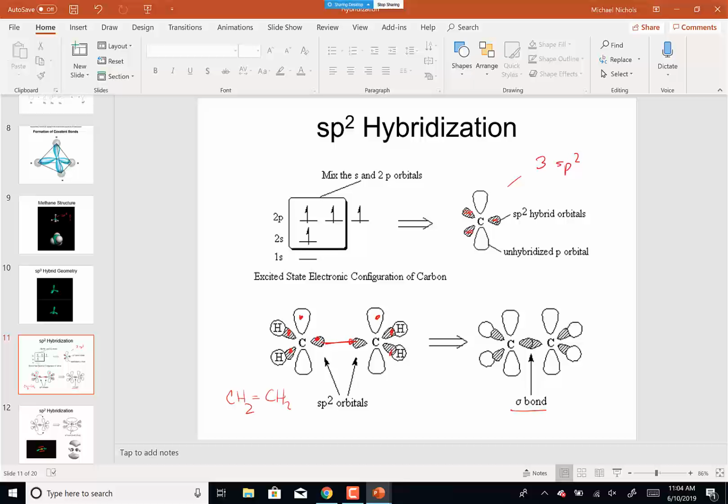It's when two orbitals overlap head to head. That's what sigma bonding is. Sigma bonding is the head-to-head overlap. Now, a sphere doesn't necessarily have a head, but all spherical orbitals form sigma bonds.